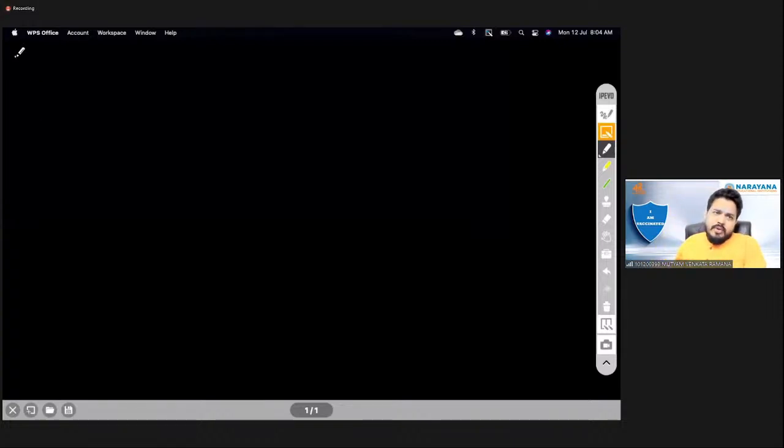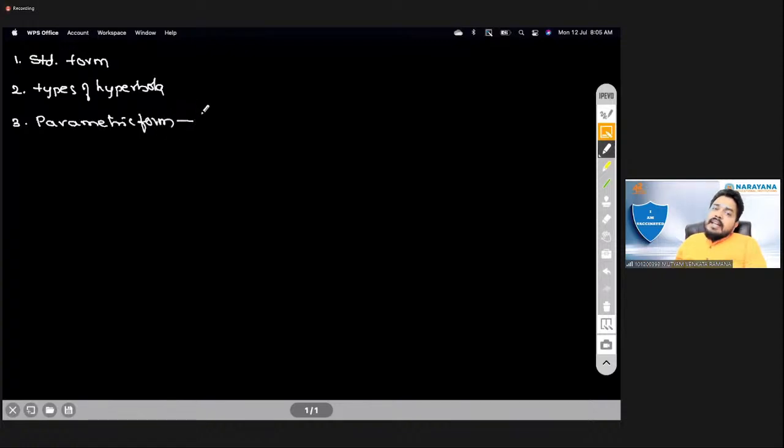So what we will do: we will do the standard form, then different types of hyperbola, because here there are types. Then parametric form. For parametric form, I want the auxiliary circle, so the auxiliary circle will be given.